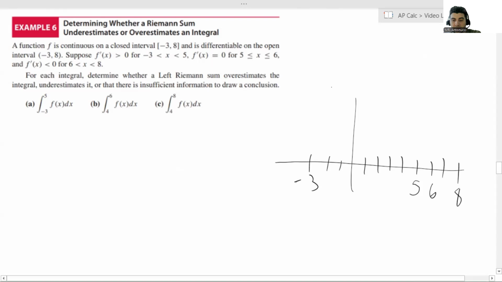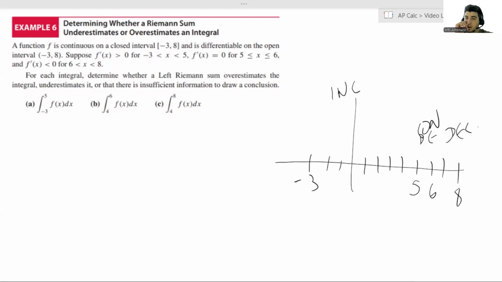So f is increasing, and then it's constant, and then it decreases on that last interval. So for each integral, we can determine whether a left Riemann sum overestimates the integral, underestimates it, or there is insufficient information to draw a conclusion.